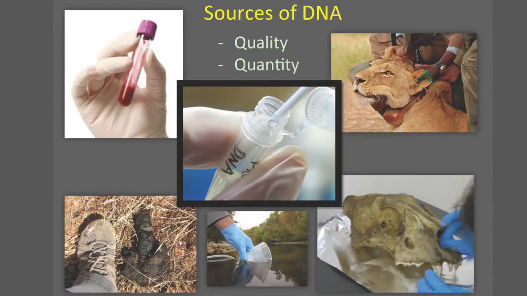And some techniques that are very interesting and upcoming now, with the new sequencing techniques I will talk about later in this presentation, let you isolate and study DNA from sources like a few droplets of water. You don't even need to find the species you're interested in, but if the species is there, from fecal matter or cells they shed in the water, you can still pick up the traces of the DNA, and you can study a species even without actively handling it.